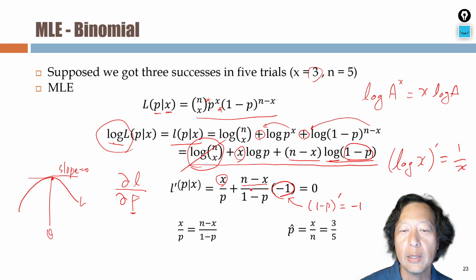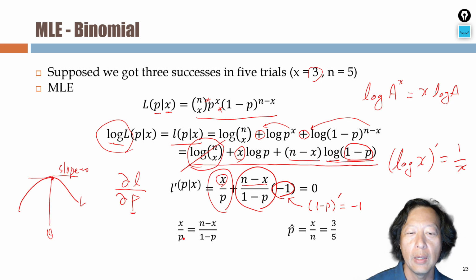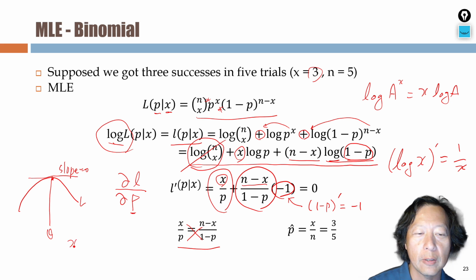Okay, so you set this equal to 0. Since this is minus, this term and this term should be the same. So you multiply both sides, and what you get is x(1 minus p) equals p times (n minus x).